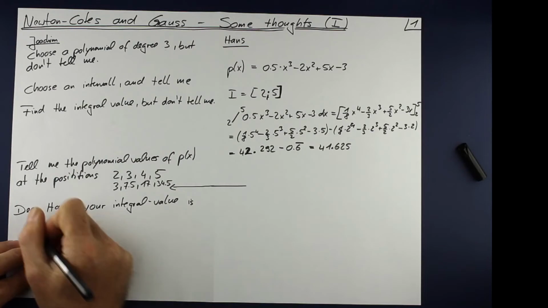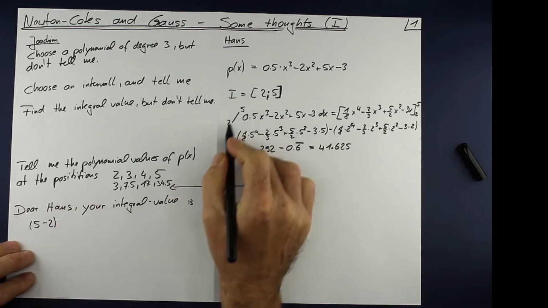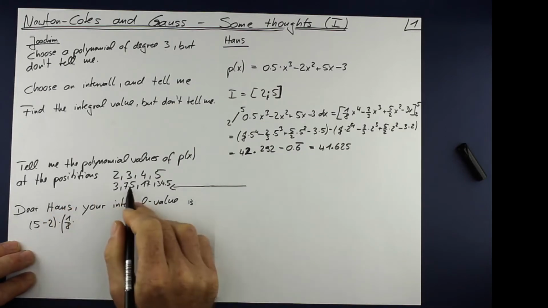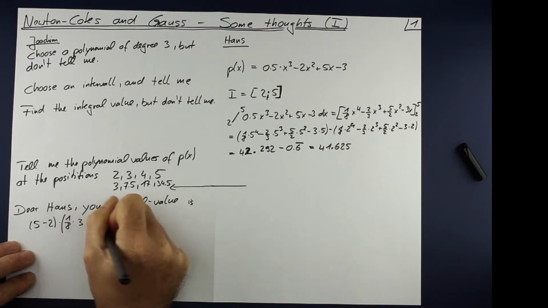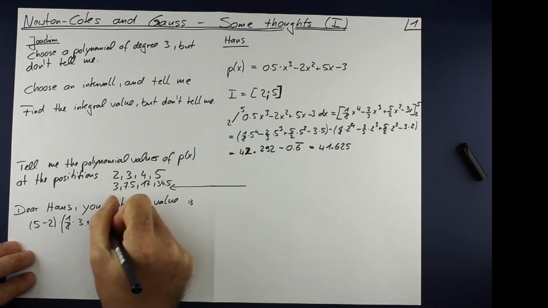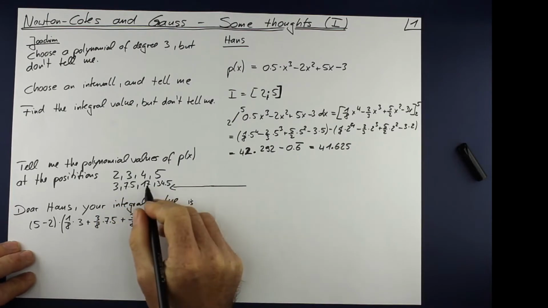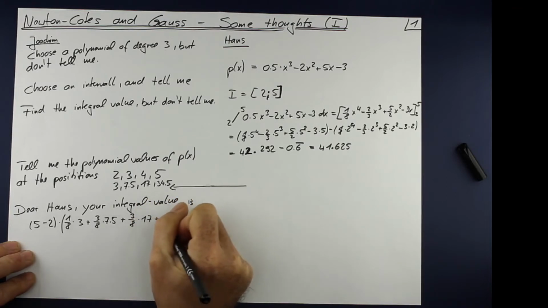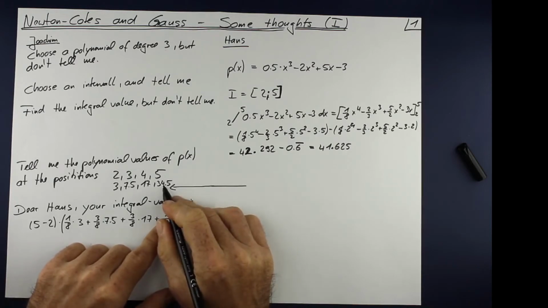And so we get 5 minus 2, length of the integration interval, times first weight times first function value, plus second weight times second function value, plus third weight times third function value, plus 1 divided by 8, fourth weight times fourth function value.